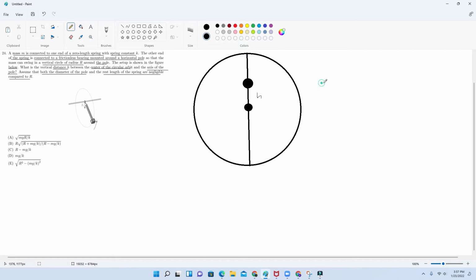So this length, the length from the axle to the lowest location of the spring, is probably important to note. So I'll label that as x1. Similarly, the distance from the axle to the highest point of the spring is also important to note, because these directly influence the force. So I'll label this as x2.